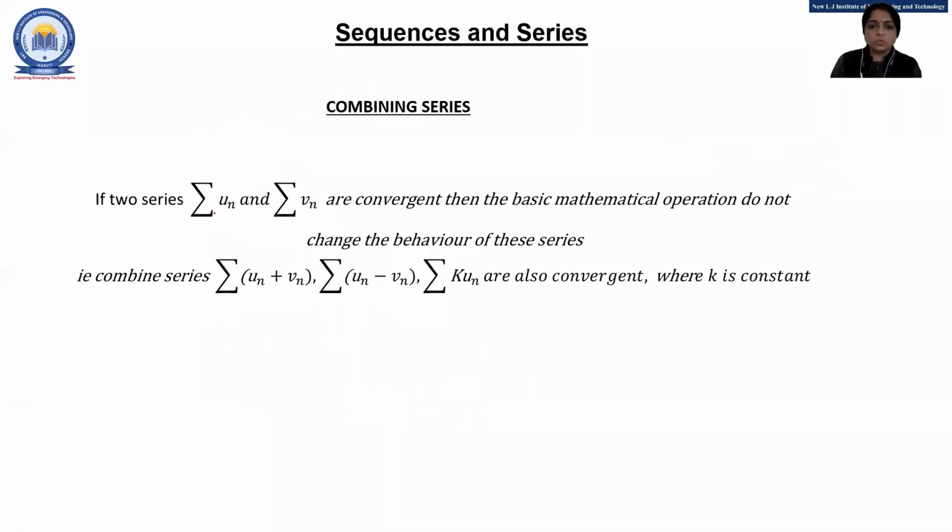Students, if we have two series, un and vn, and both series are convergent, then the basic mathematical operations do not change the behavior of these series. What does it mean? If both are convergent, then the summation of the two series, the subtraction of the two series, and the multiplication of either series by any constant are also convergent.